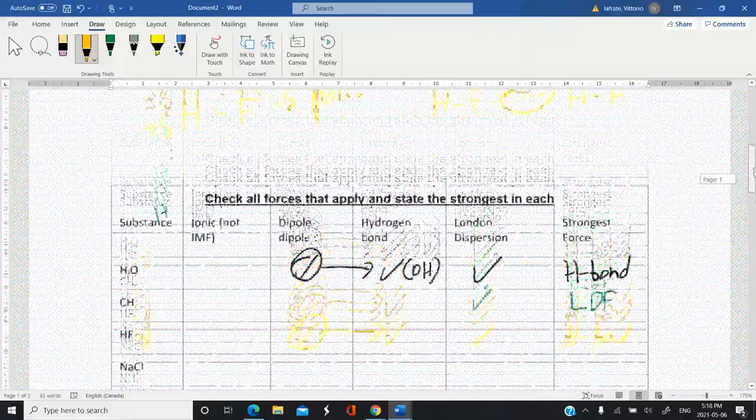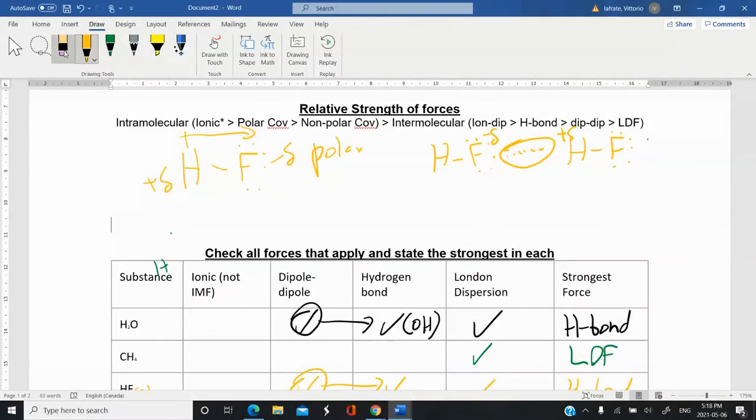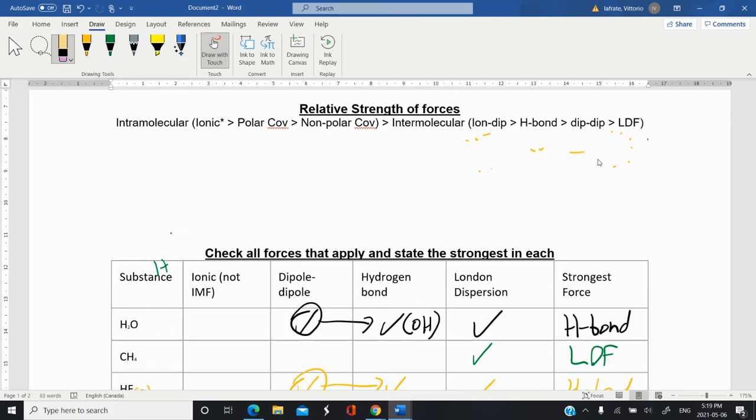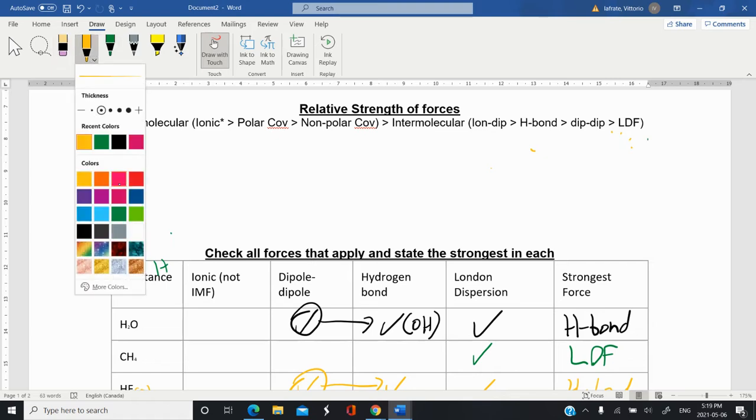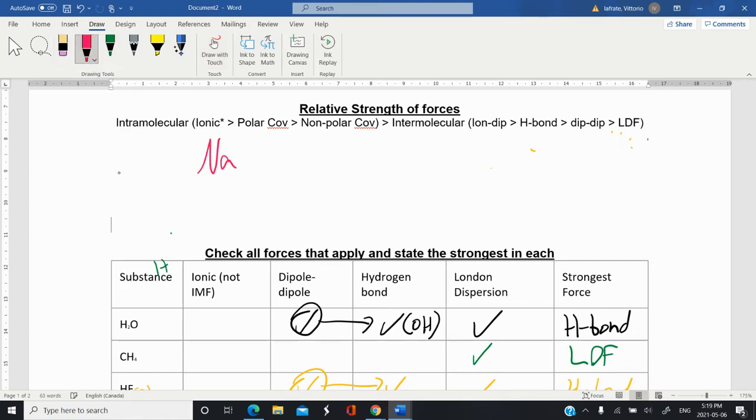Let's go ahead and try the next one, NaCl. Let's do this color here. NaCl.